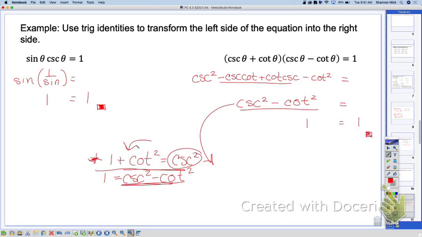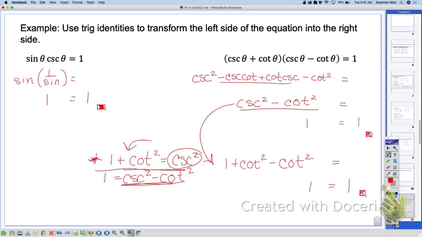So I could have had 1 plus cotangent squared minus cotangent squared. Cotangent squared minus cotangent squared would be 0. So 1 equals 1. See that alternate ending?